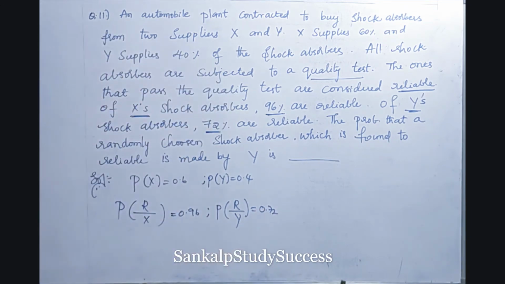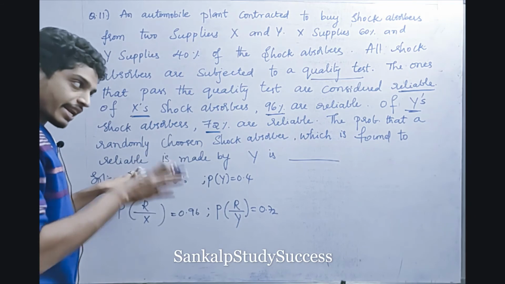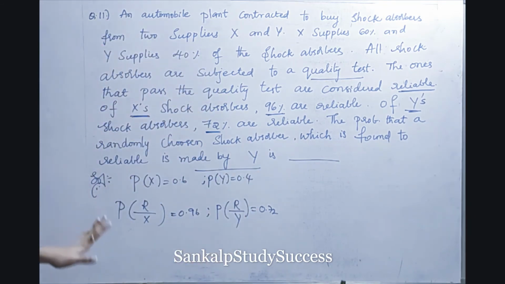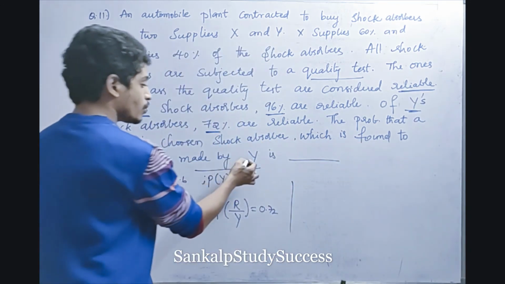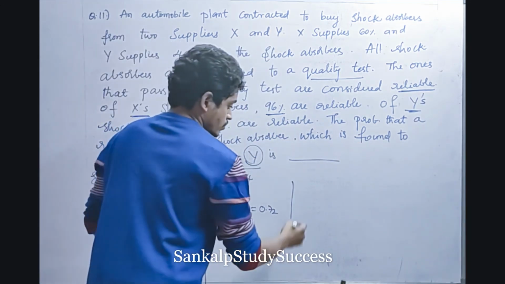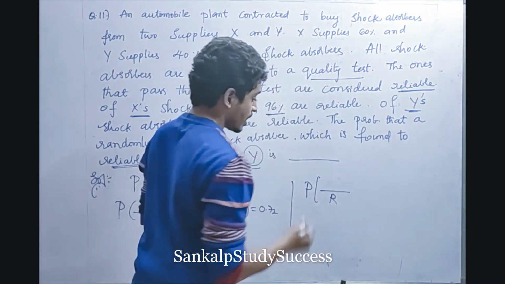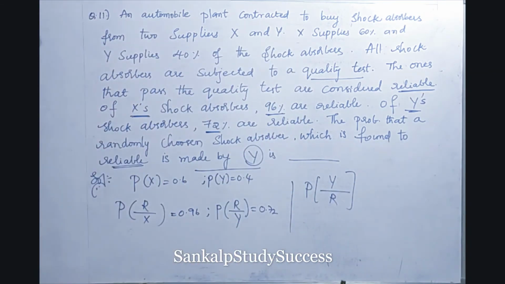Now what he is asking is the probability that a randomly chosen shock absorber which is found reliable is made by Y. It should be reliable and made by Y. It is found reliable, so this is the first condition. The known condition is reliable and the unknown condition is Y. So what is the formula, friends?